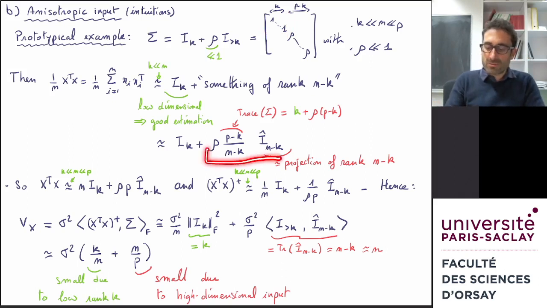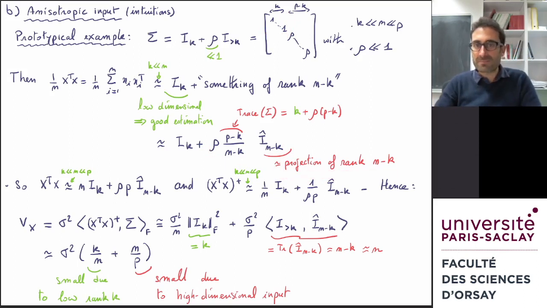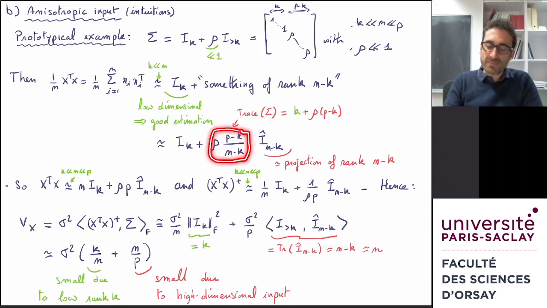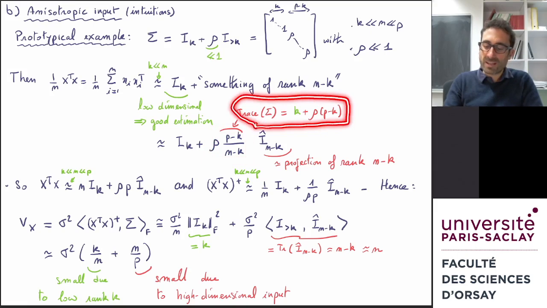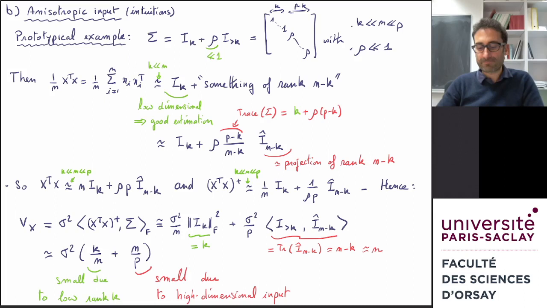And on the orthogonal, it should essentially be some projection on some space of dimension n minus k with a factor which should be equal to this term, just because the trace of sigma hat must be essentially equal to this term. All right, so let us take this formula for granted. And this is essentially true.